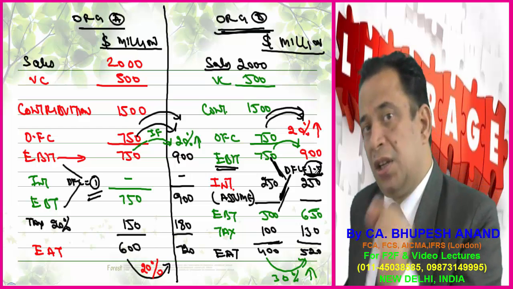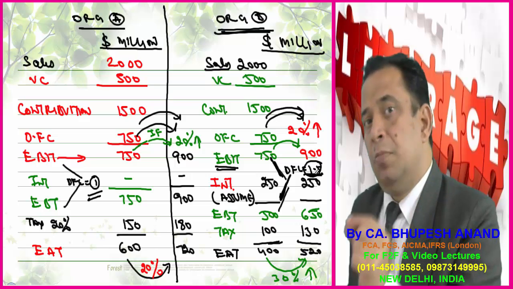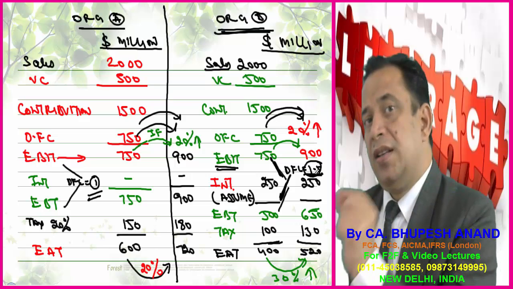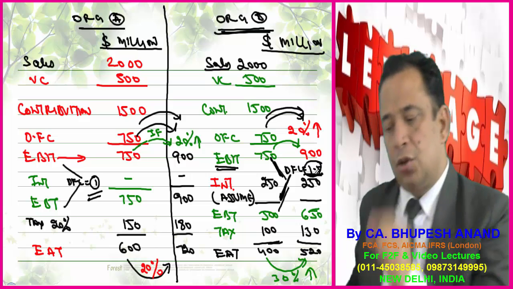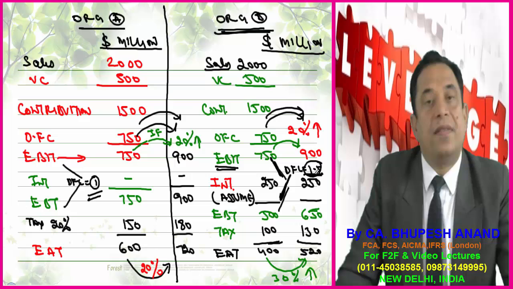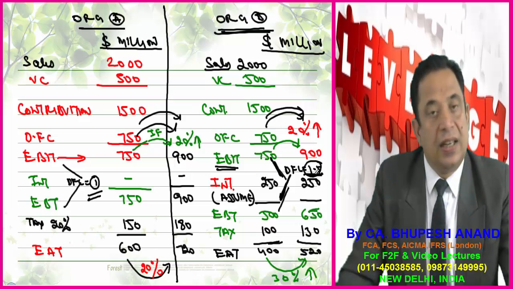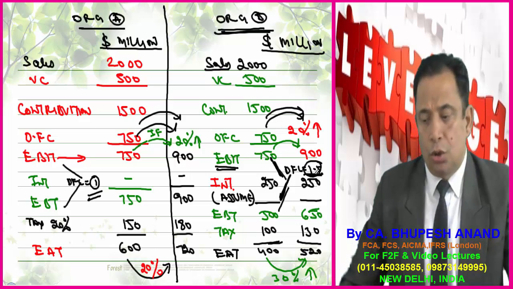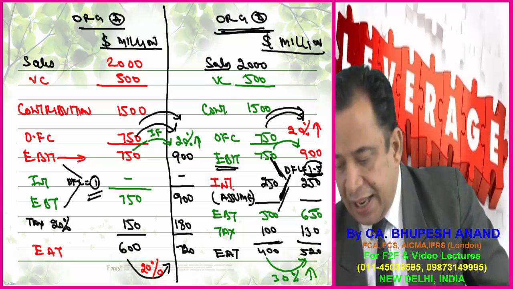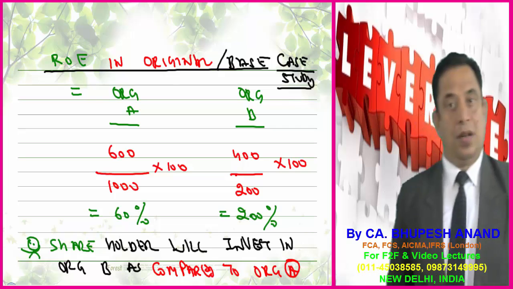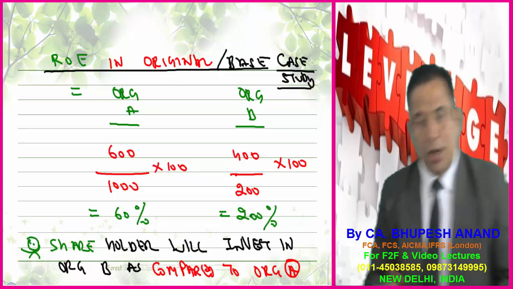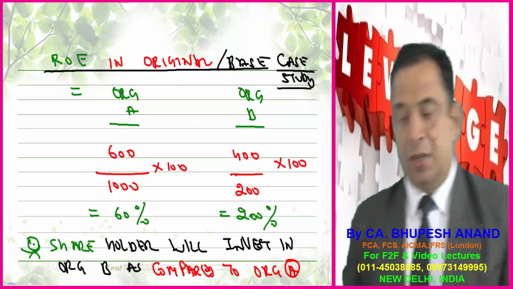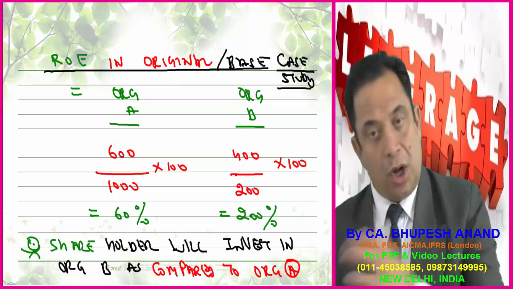In organization B, I have assumed interest because $800 million is the debt, so let the amount be 250. So 750 minus 250, EBT is 500, tax is 100, and EAT is 400. So with financial leverage, ROE changes from 60% to 200%. Naturally shareholders will go for organization B.